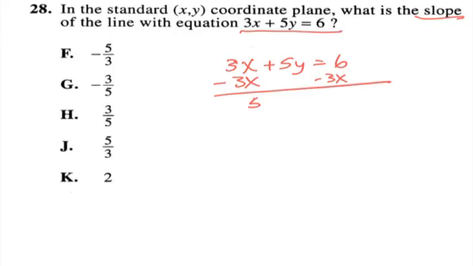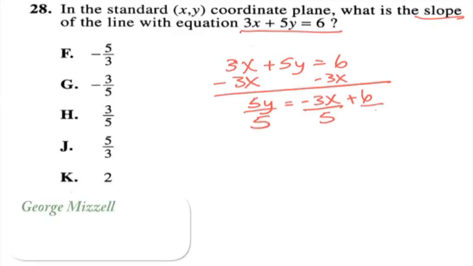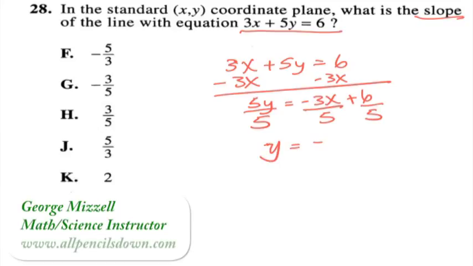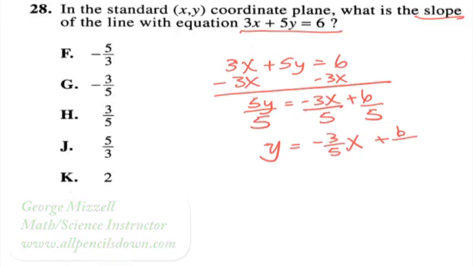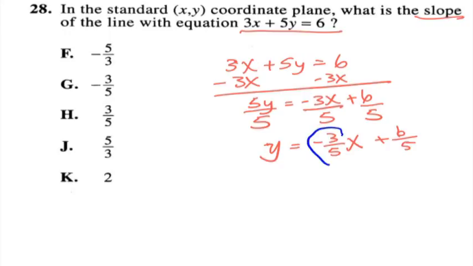That leaves me with 5y equals minus 3x plus 6. Divide both sides by 5. What we get is y equals minus 3/5 x plus 6/5. That tells me the minus 3/5 is my slope, and my y-intercept is a positive 6/5.